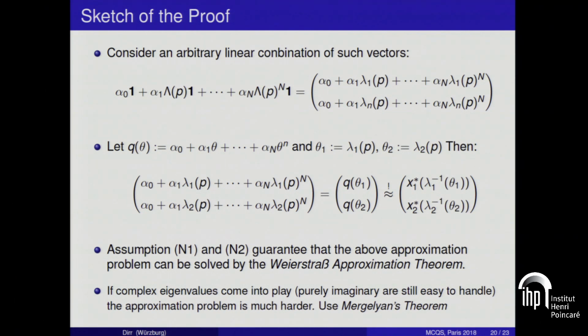Now define the polynomial Q in that way, and you see that you can rewrite this condition as this condition, where you additionally performed this substitution, and θ1 is defined by λ1, your eigenvalue curve at p, and θ2 is defined by the other eigenvalue curve, λ2. So these two definitions give you this one.